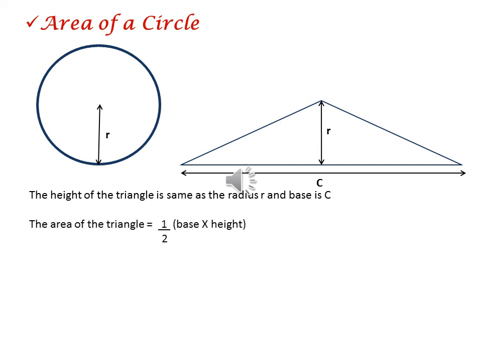So the area of triangle, as we know, is base into height divided by 2, that is equal to C into R by 2, and we know circumference is 2 pi R. So area becomes 2 pi R into R by 2. So the area becomes pi R square.